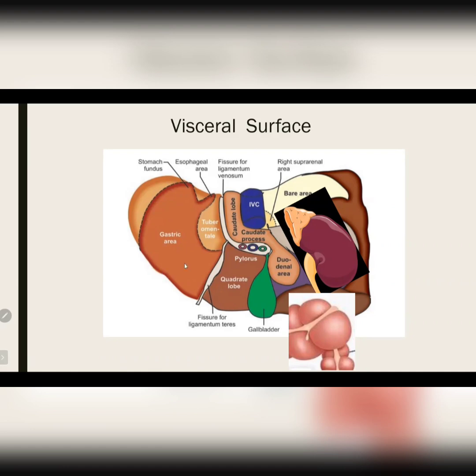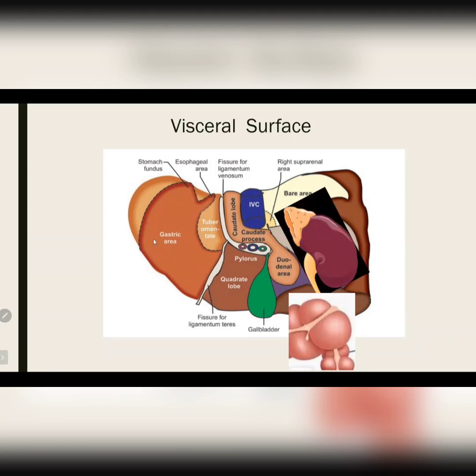Okay, this gastric area, does it belong to the right lobe or the left lobe of the liver? Left lobe? Yes, the left lobe. Good. You all know that the stomach is on the left side of the abdominal cavity, and the gastric area is on the smaller left lobe of the liver.